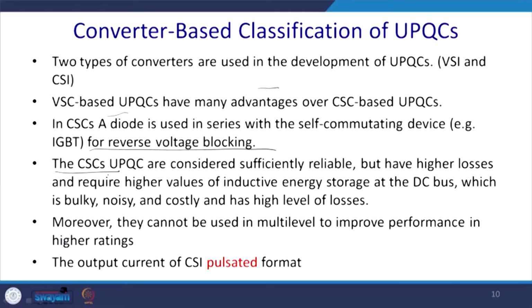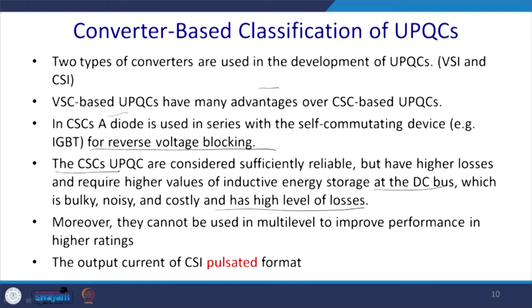But UPQC with current source converters are considered sufficiently reliable, but have higher losses and require higher values of inductive current storage as the DC bus, which is bulky, noisy, costly, and adds to the level of losses.